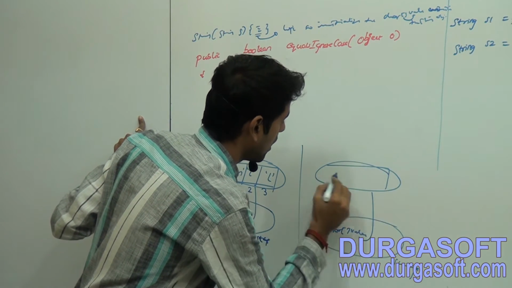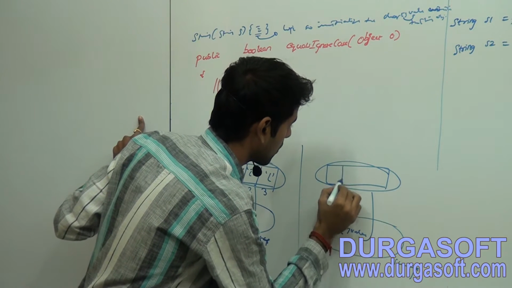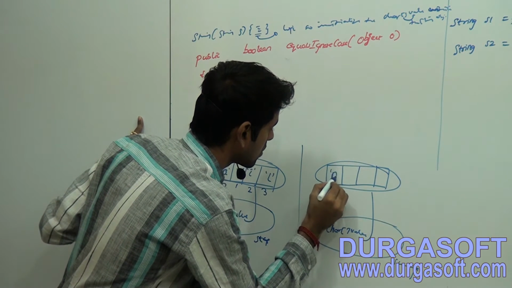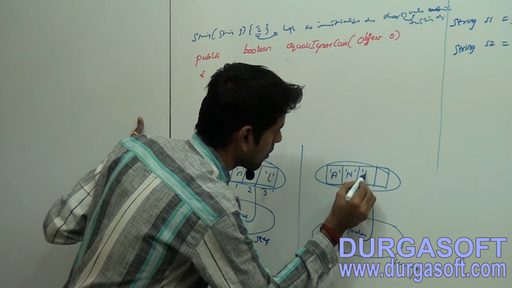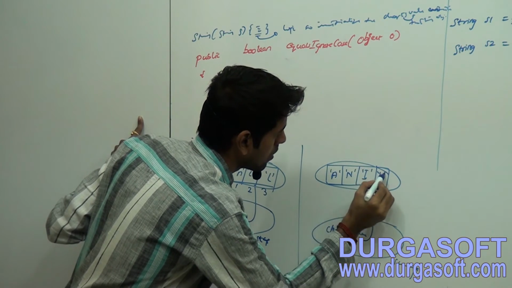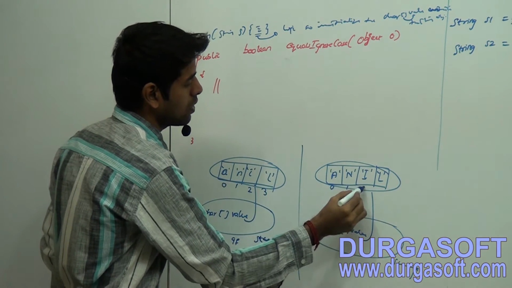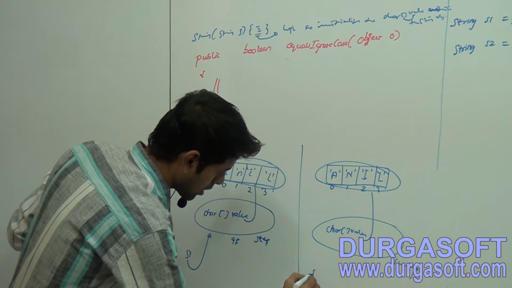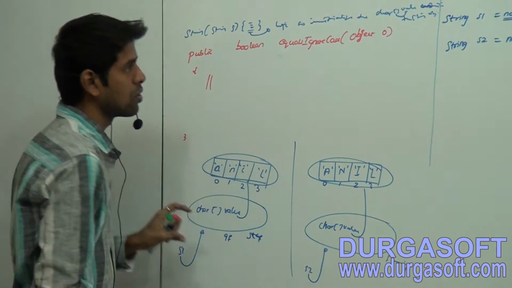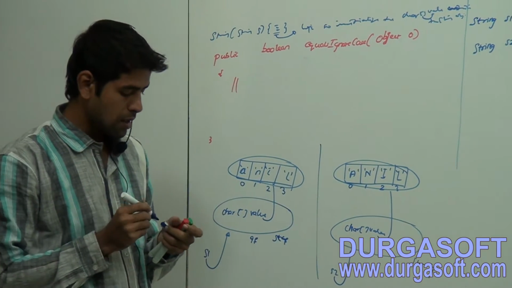Here you will have that array with 4 blocks, 0, 1, 2, 3, and let it be referred to with the s2 variable. s2 is the object.